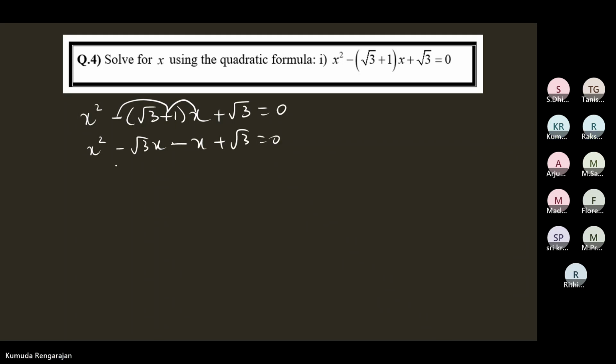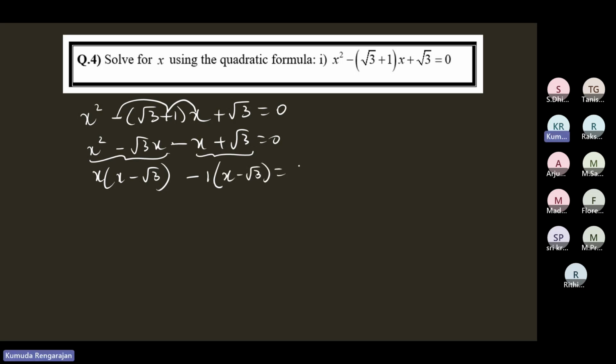Then x into x minus root 3, minus 1 into x minus root 3 is equal to 0. So x minus root 3 into x minus 1 is equal to 0. x minus root 3 is equal to 0, x is equal to root 3, or x minus 1 is equal to 0, x is equal to 1.